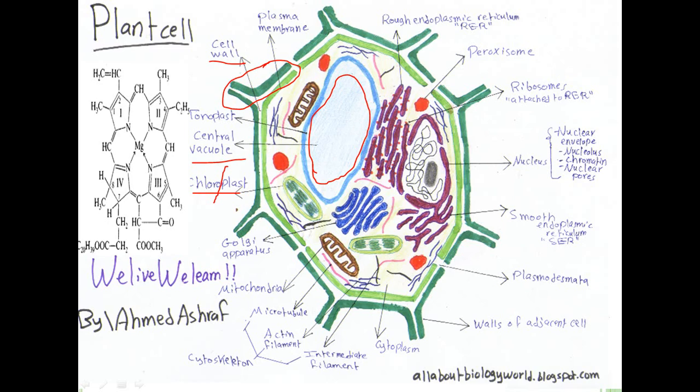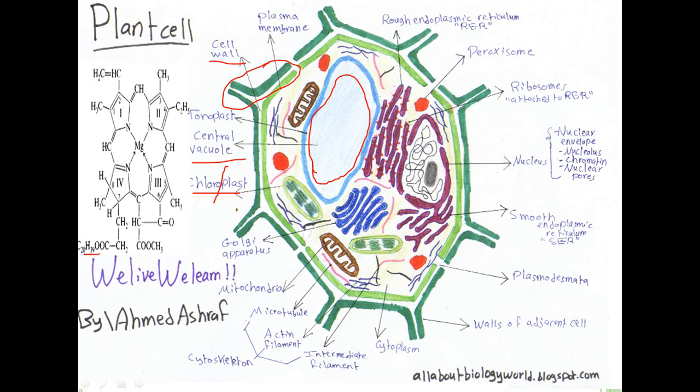Plast comes from plastids, which have a lot of types. We have chloroplasts, leucoplasts, and chromoplasts. I will do a specific episode for each of these, but let's focus on the chloroplast, which contains the pigment chlorophyll, the famous pigment which gives most plants their green color.